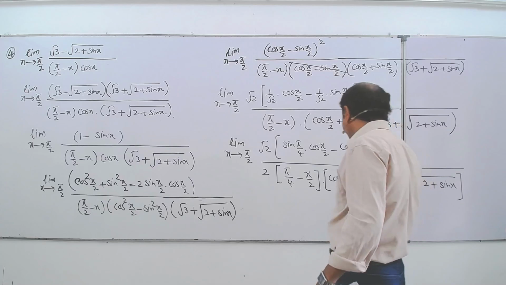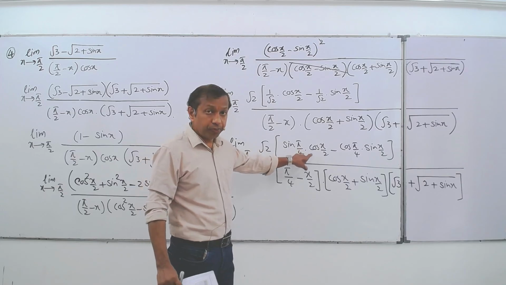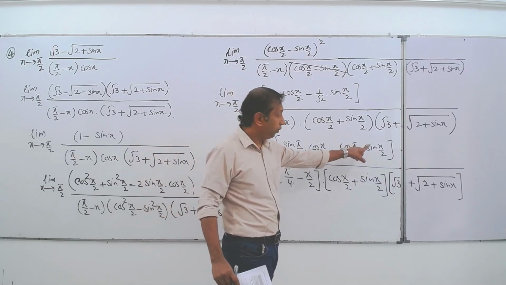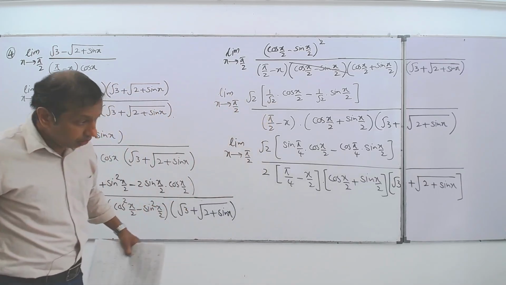Now, here you have sin A cos B minus cos A sin B form. That is sin A minus B.